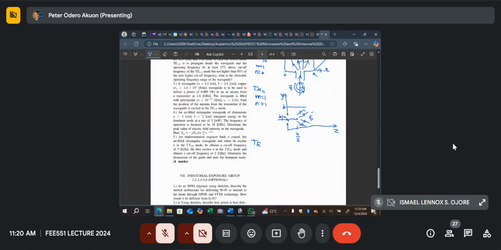Let's take 32 and have a cross section, maybe X and Y. So TE32 means M is 3, N is equal to 2. Okay, so we can have Y, X.